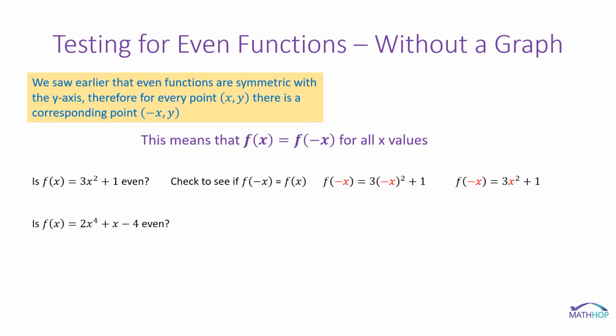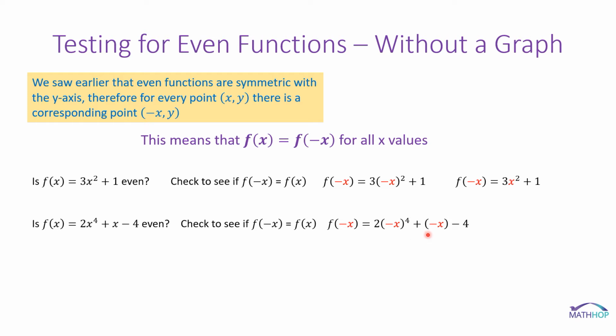Let's look at f of x equals 2x to the 4th power plus x minus 4 and see if it is even. We'll do the same thing. We'll see if putting negative x in for x returns the same equation. So put negative x in everywhere we see an x. 2 times the quantity negative x to the 4th is going to be 2x to the 4th, just like we had here.